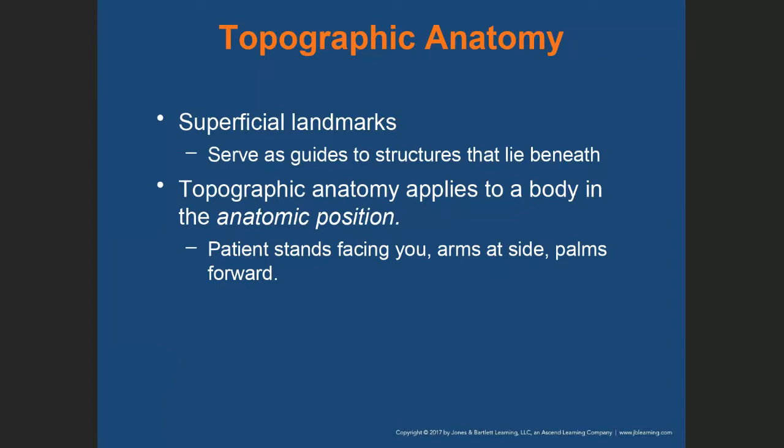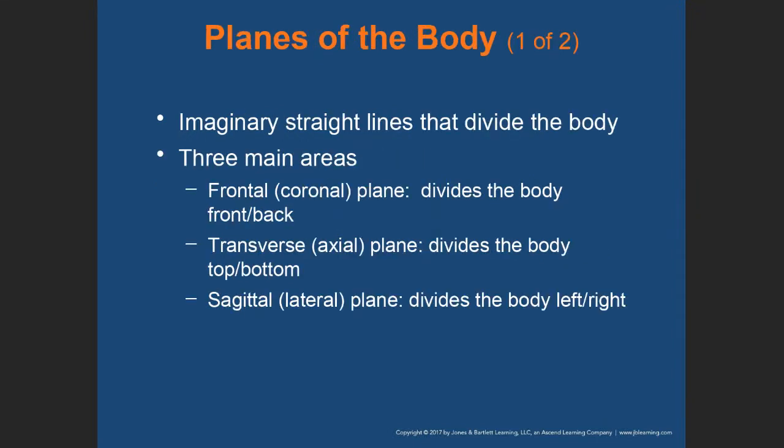Topographic anatomy applies to a body in the anatomic position. Patient stands facing you, arms at the side, palms forward. I've already talked about this position, and I think there's a picture of it in this particular presentation.